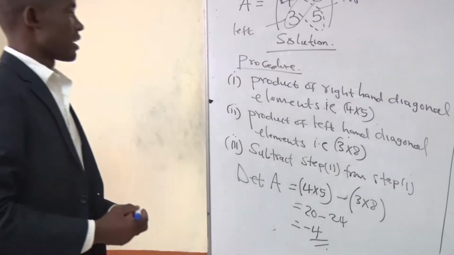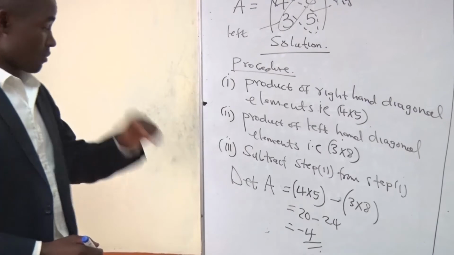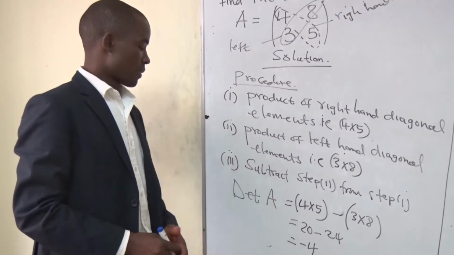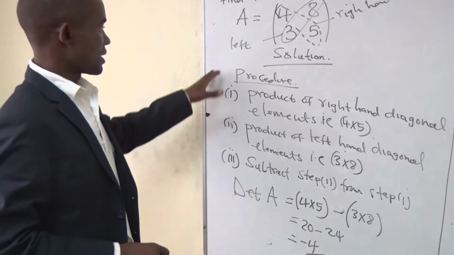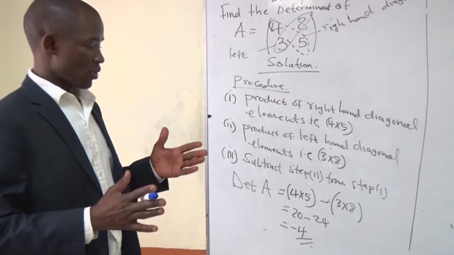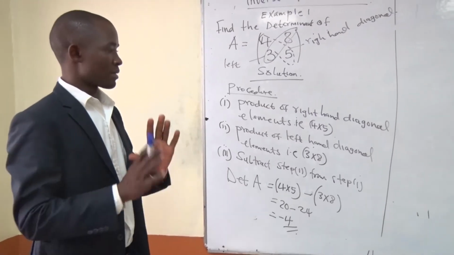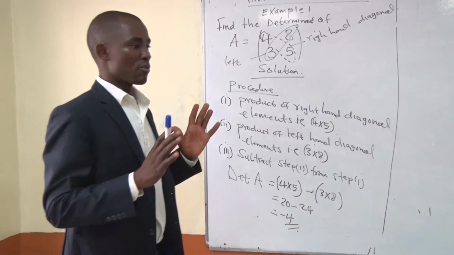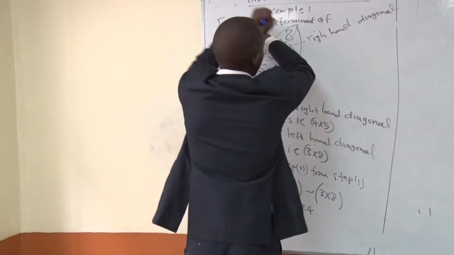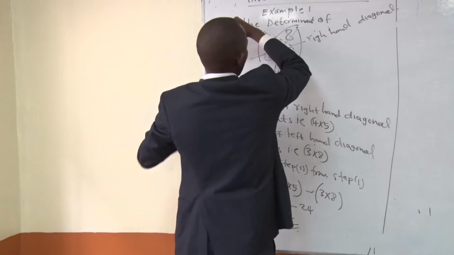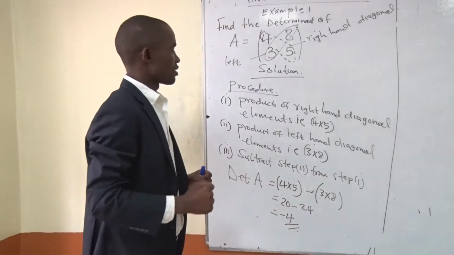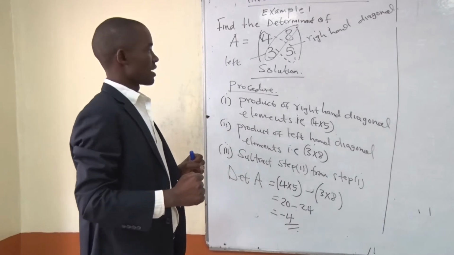That is how you get the determinant of a given matrix. Basically, for you to get the determinant, you take the right-hand diagonal minus the left-hand diagonal. That is the shortcut.